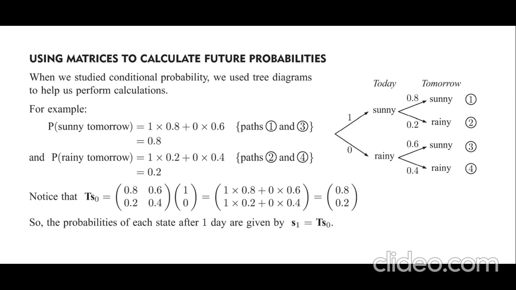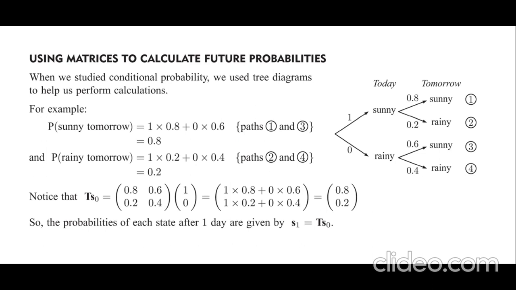When you increase the time, it becomes more complicated and harder to analyze after a certain number. So now we'll first see this particular tree diagram, and then we will see how it is better to use matrices to calculate the future probabilities instead of tree diagrams.